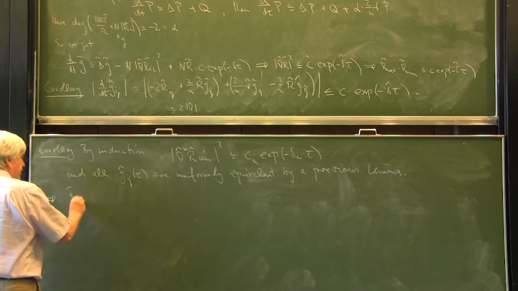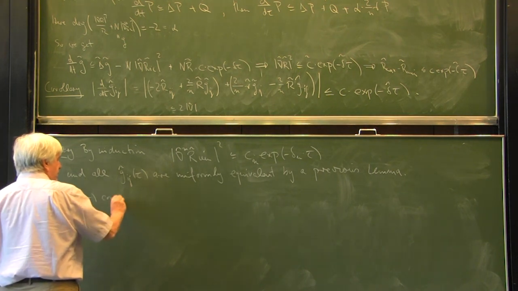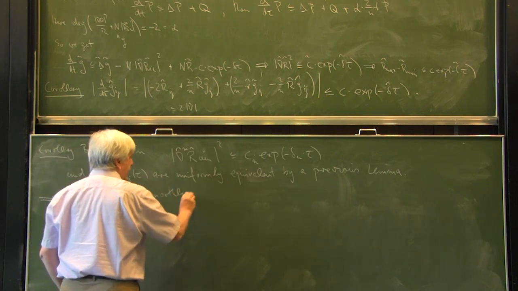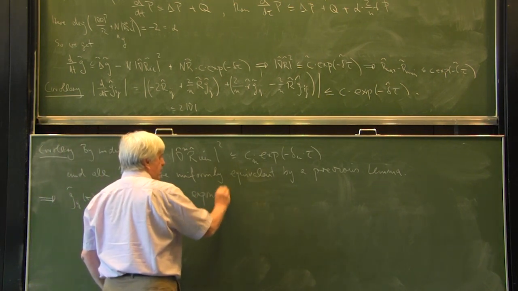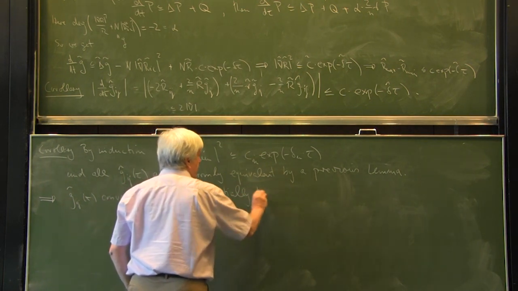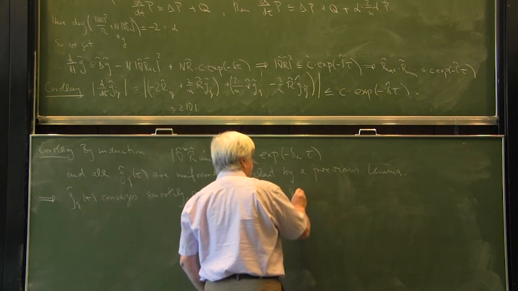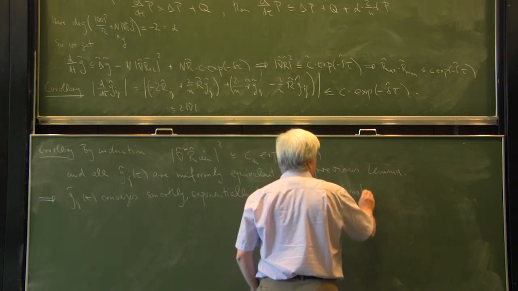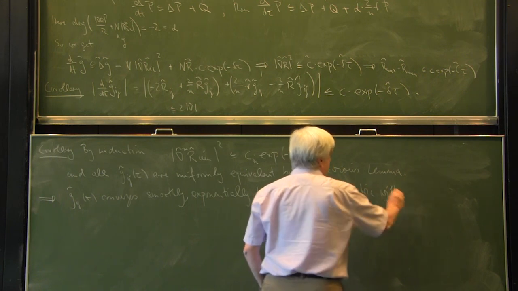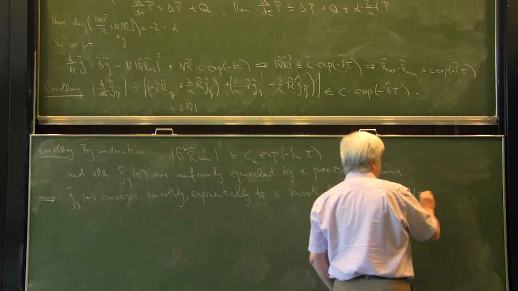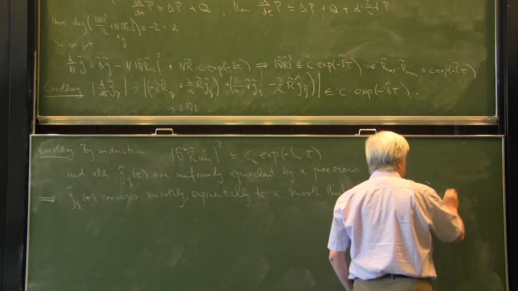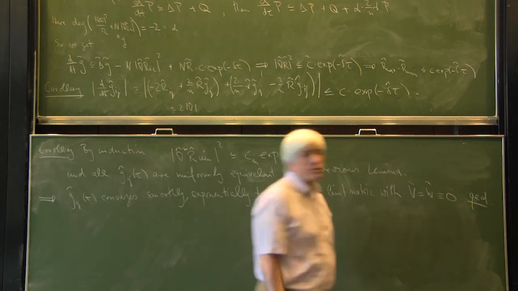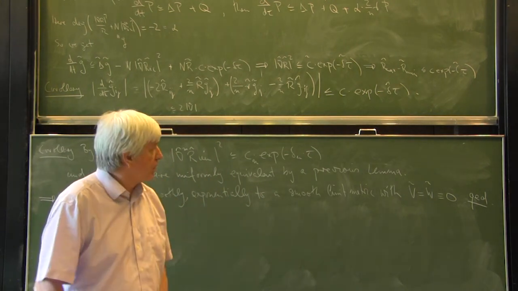G tilde ij of tau converges smoothly, exponentially to a smooth limit metric, and on this limit metric we must have V tilde equals W tilde equals 0, and this proves the main theorem.